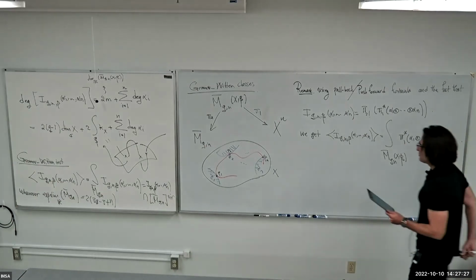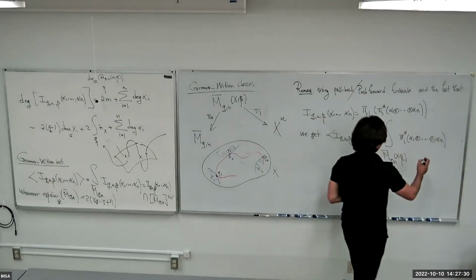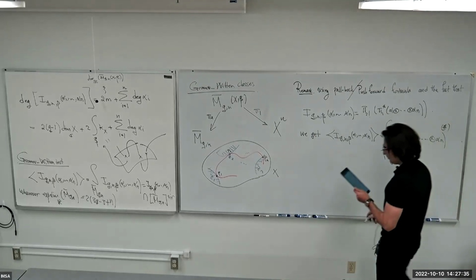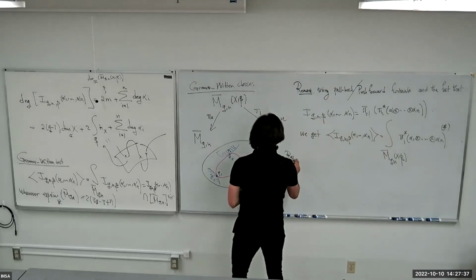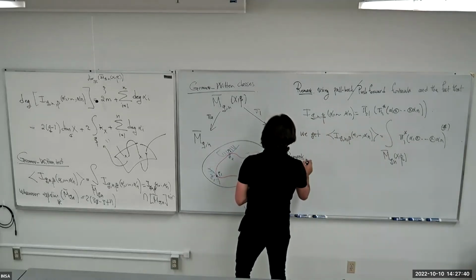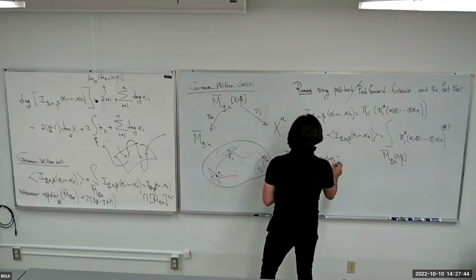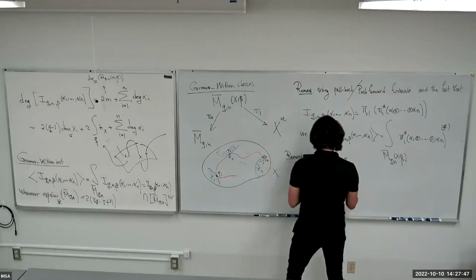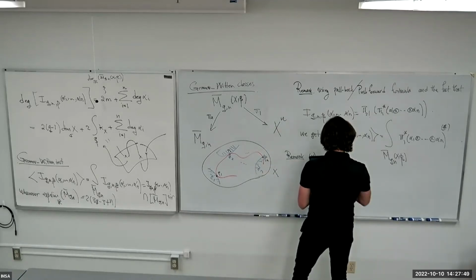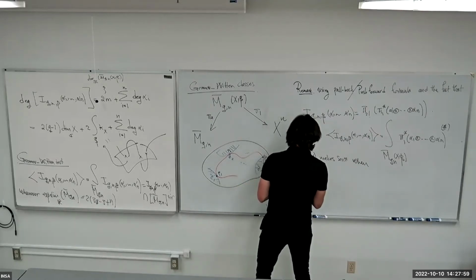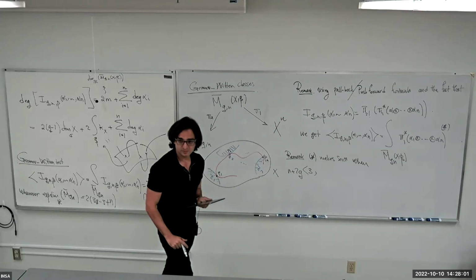Okay, so let's call this thing star. Here's the remark. Star makes sense when n plus 2g is smaller than 3. It does make sense.